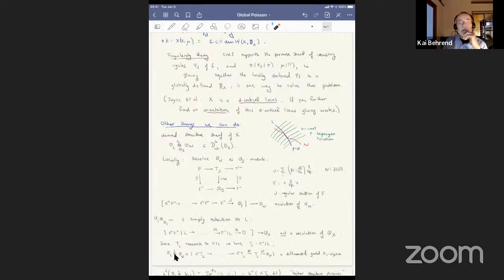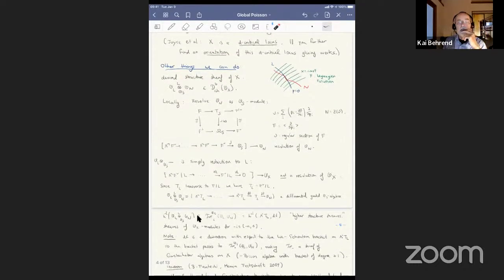So what I've explained here is that locally this derived structure sheaf is given by this complex: the tangent bundle of the submanifold L, its exterior powers, and then contraction with this closed one form df, or contraction with an exact one form.